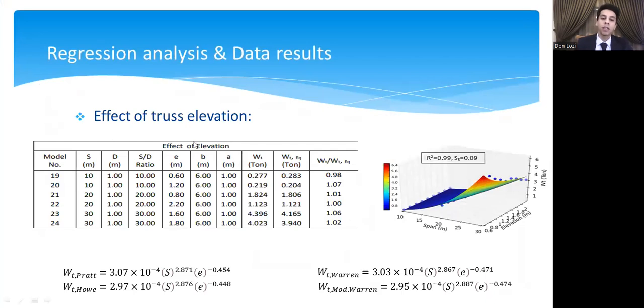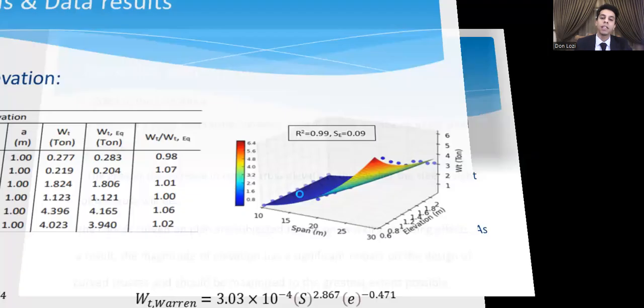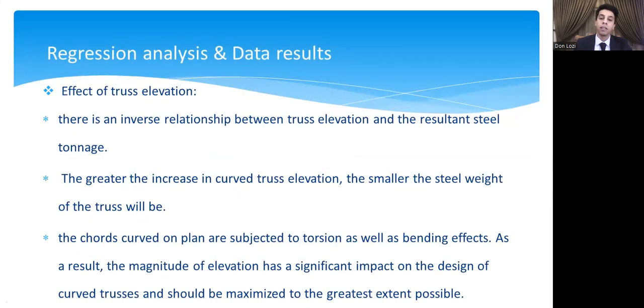Now, the effect of truss elevation. Here we made all of these values fixed and we changed only the elevation. We found in this graph that when we increase the elevation, the weight decreases. So there's an inverse relation between elevation and weight.